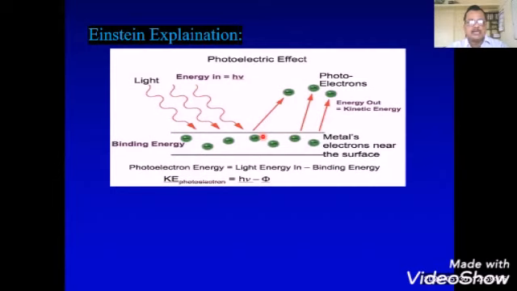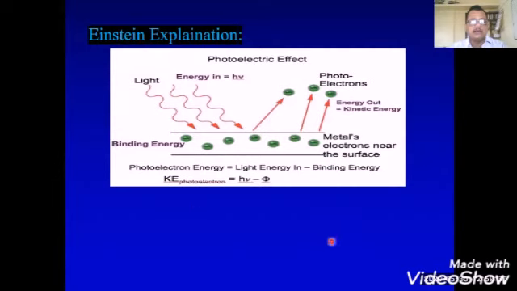And the first experimental evidence that Planck's quantum theory is correct was provided through the photoelectric effect, because Albert Einstein applied Planck's quantum theory to explain it. Now, how did he apply Planck's quantum theory to explain the photoelectric effect?